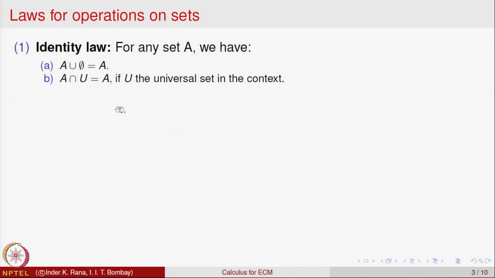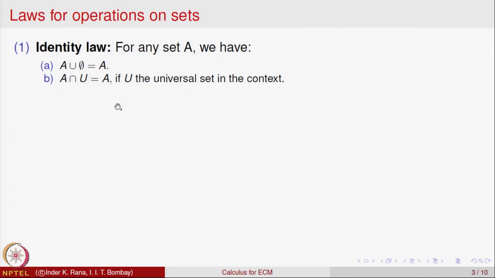The next one says, if you take U a universal set, that means that A is a subset of U, then A intersection U is A, because A is a subset of U, right. So, you are going to pick up those elements in U which are also in A. So, that is A itself.